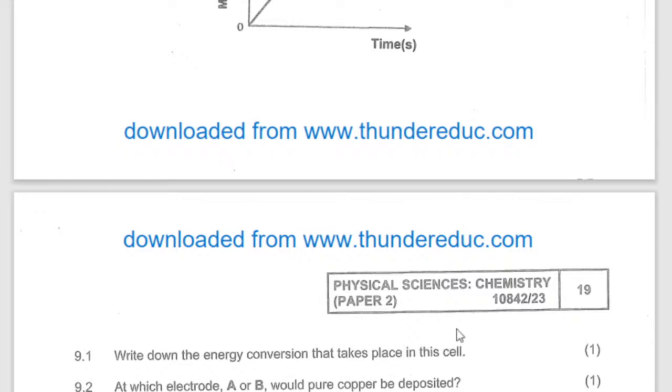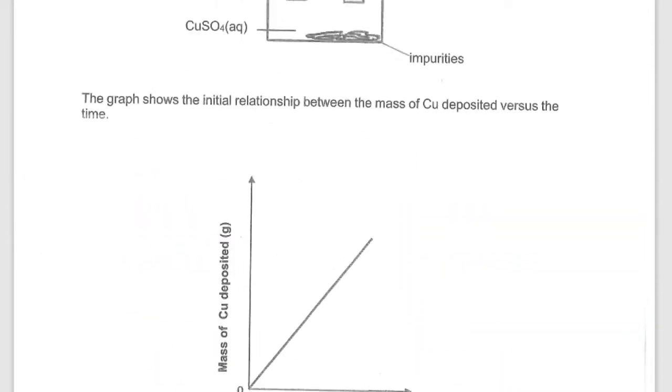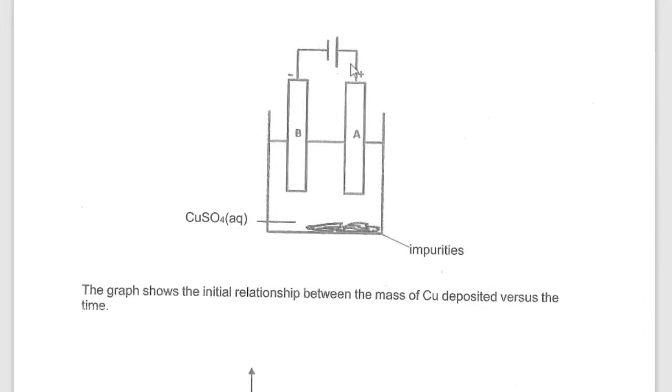This is an electrolytic cell. Therefore, it is electrical into chemical. At which electrode, A or B, would pure copper be placed? They're asking you. We come back here and check.